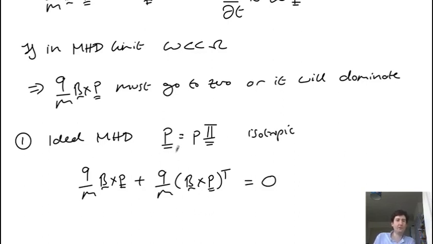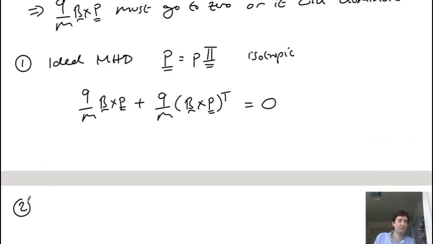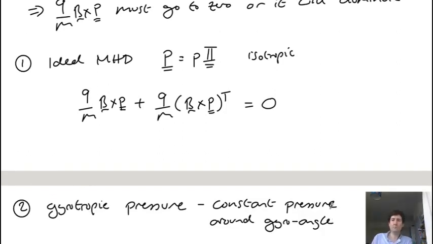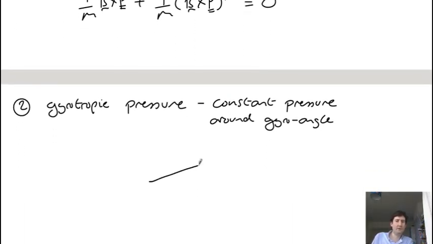More generally, another way of making this term go to zero is if the pressure is gyrotropic, so if it's constant around the gyro orbit. When particles are moving around on their orbits, it doesn't matter where on the orbit they are, the pressure is constant. So this is B here.